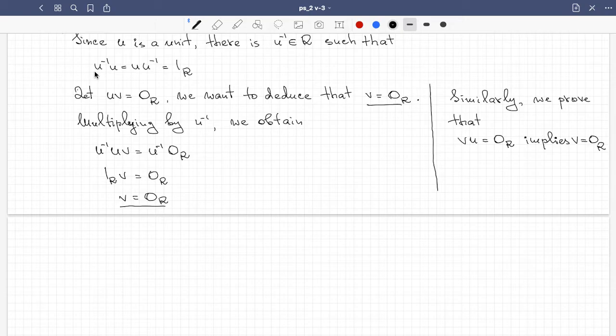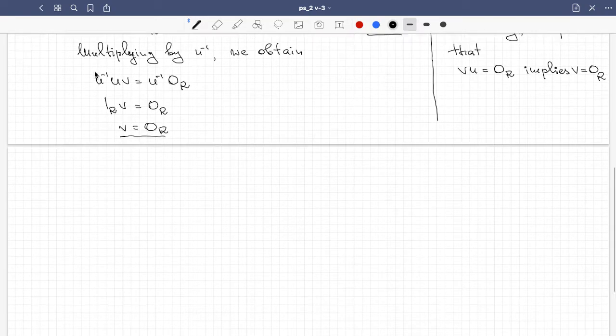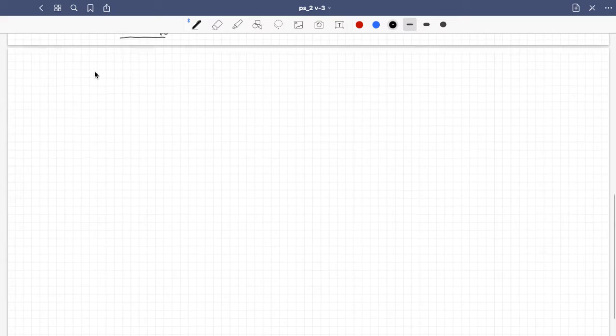So here is yet another problem from the set, a slightly more tricky problem, 38 on page 70. In this exercise, R is still a ring with identity.